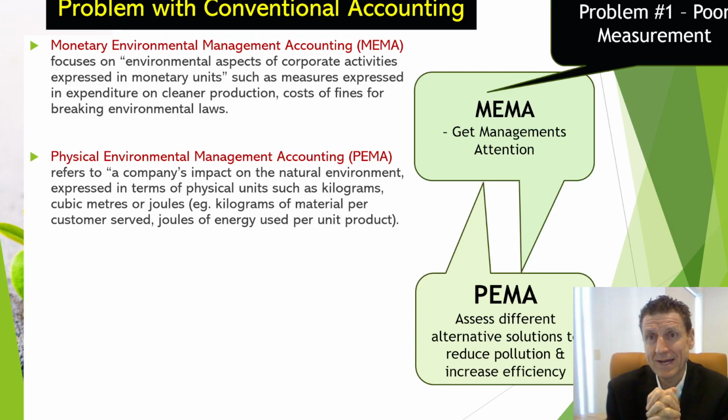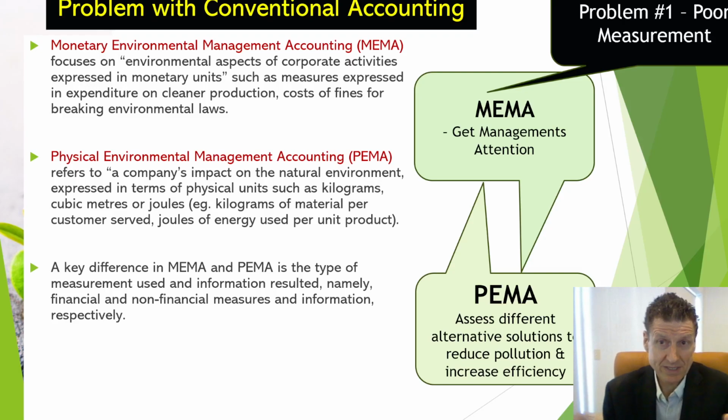MEMA is about getting management's attention so then they can give you the money to actually do the PEMA. The PEMA is where you get out and actually change actions, where you change ordering decisions, where you change the way you assemble items so you can reduce your environmental footprint. So MEMA and PEMA, both very important.